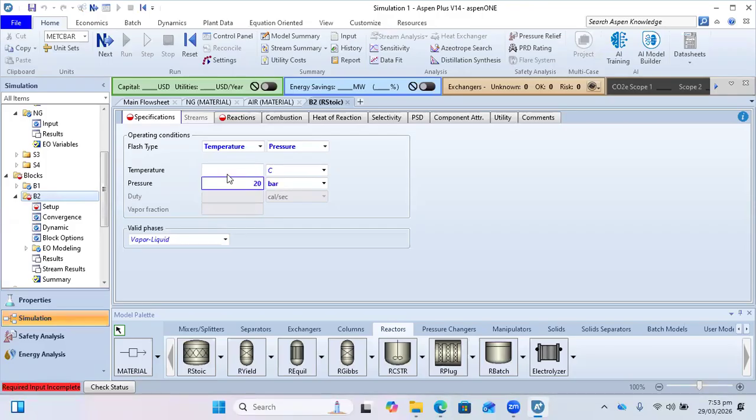But if it has to be adiabatic, who has an idea of what we have to do? How can we make this adiabatic? Or if we say it's adiabatic, what does it mean? Or what are we expecting? Anyone? If we say it's adiabatic, what do we mean?